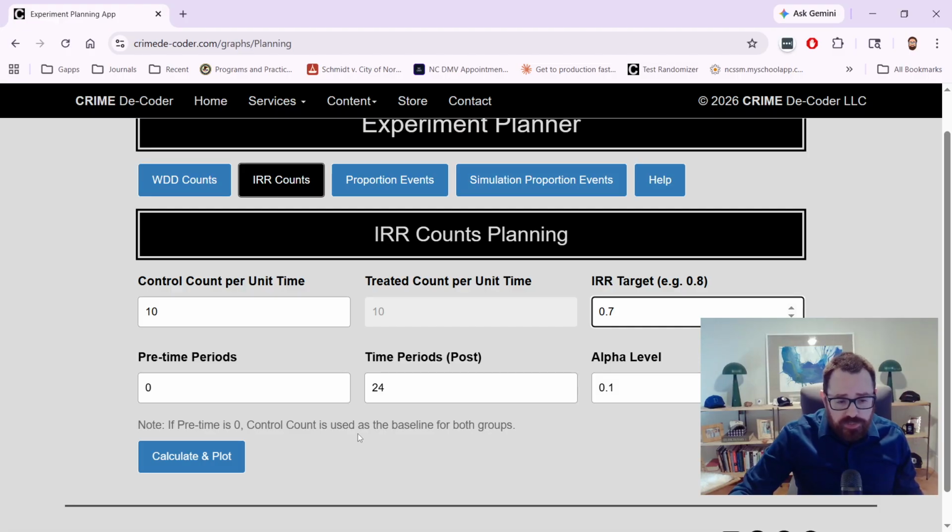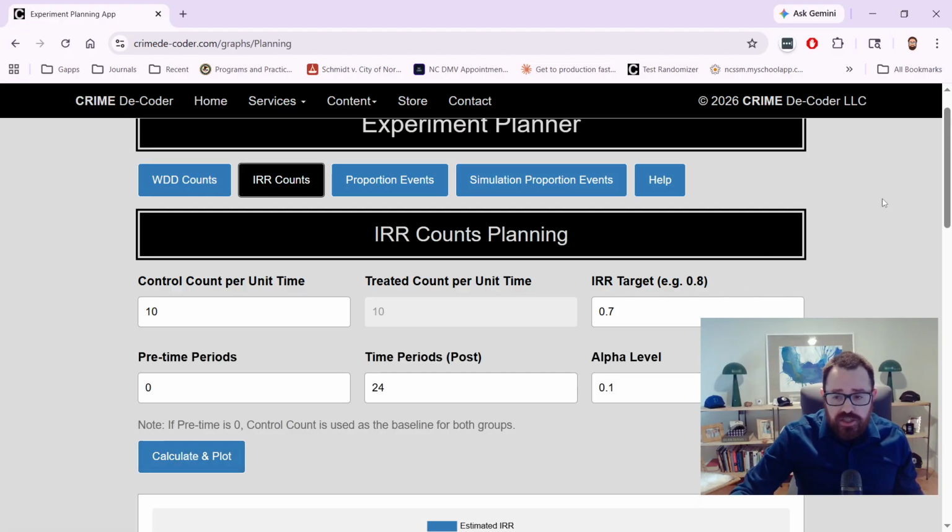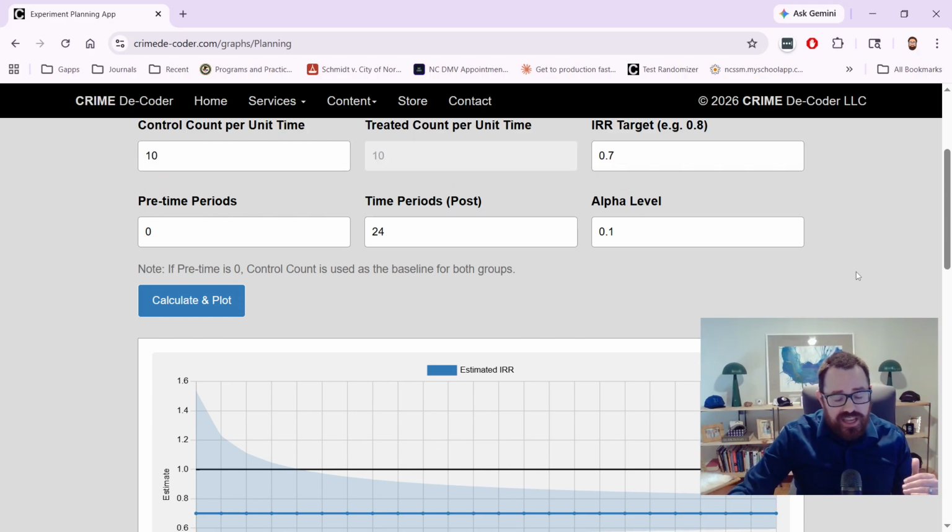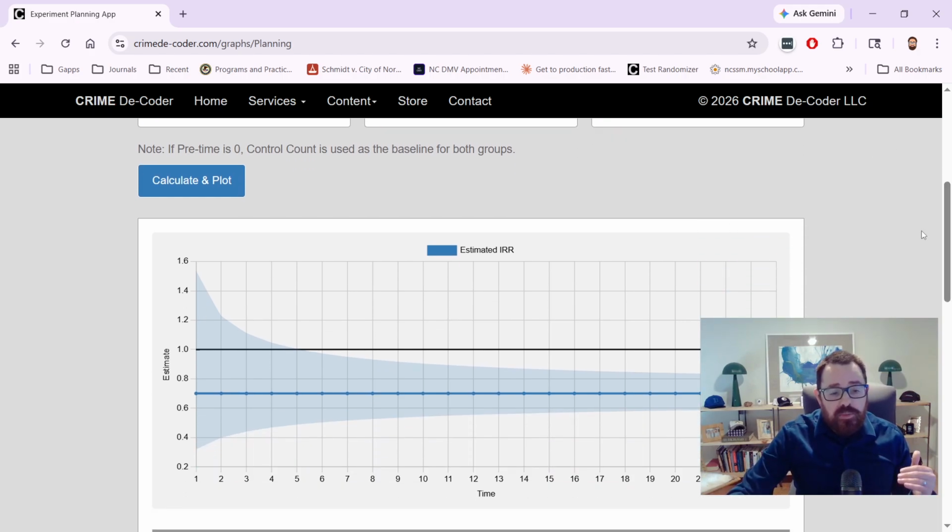It works pretty similar to the prior scenario, but instead of being a cumulative reduction over time, like I showed in the prior WDD graph, it's a consistent reduction per unit time. So we have this estimate that the IRR is 0.7, and then over time, when you're monitoring those crime counts, our standard error around that estimate reduces down.